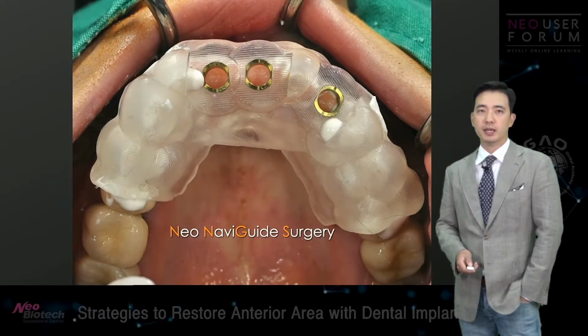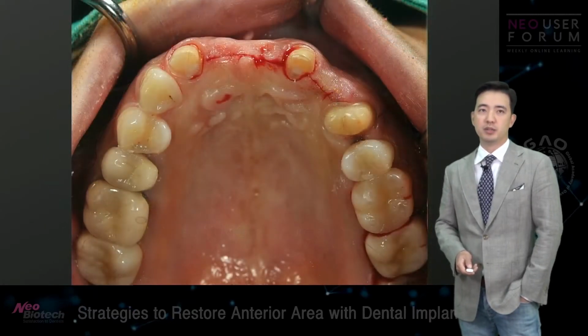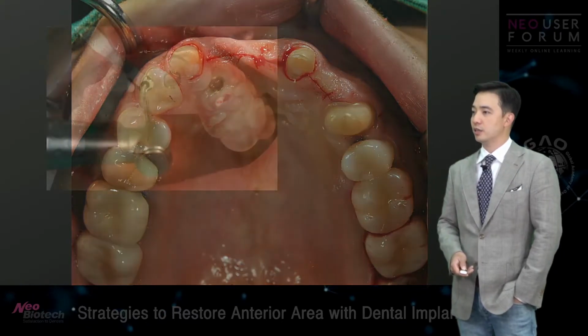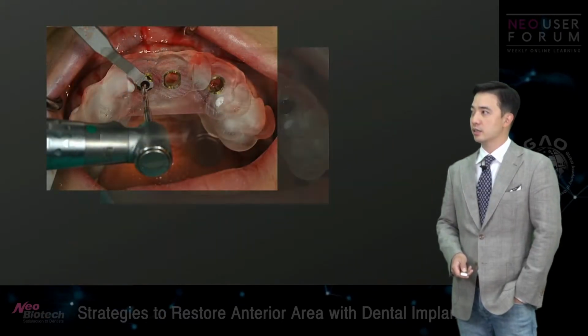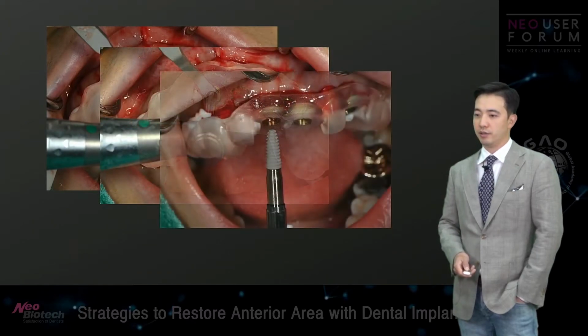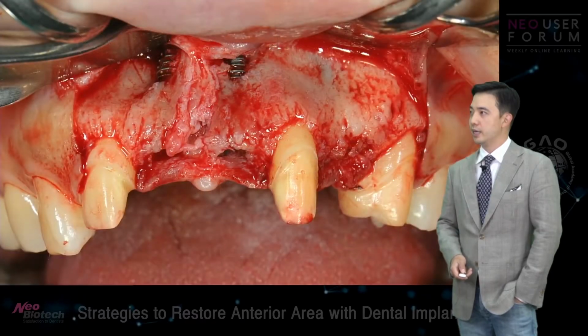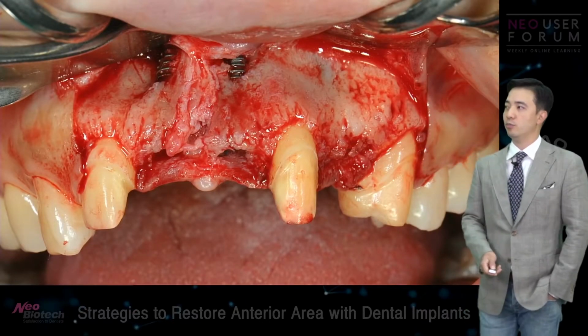So this is what I prepared for this case. We went in, marked the implant position, made an incision, did guided surgery and everything. Implants went in, and this is how I opened the flap.